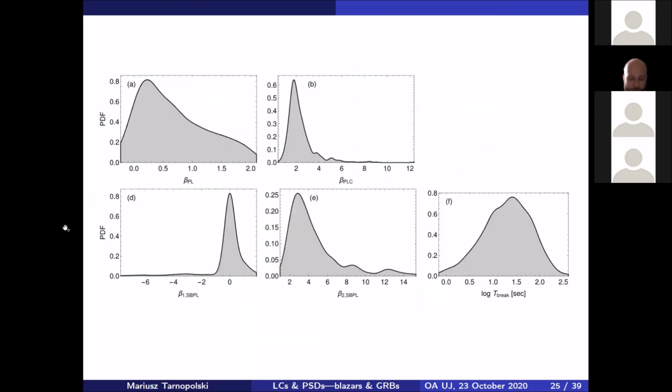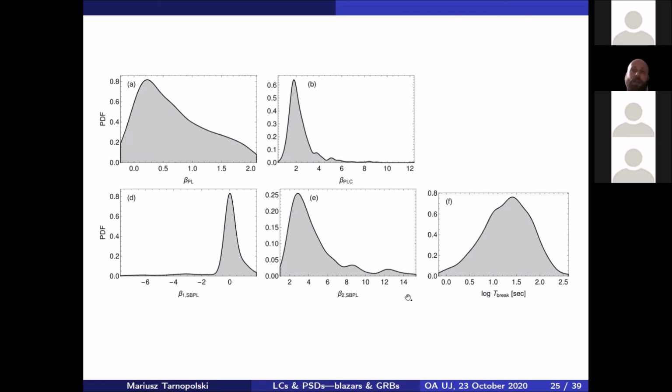So some descriptive statistics: the power law betas extend to about 2. When Poisson noise is introduced, this is between 1 and 3 mostly, with a tail. And the smoothly broken power laws can be as steep as 6, with some heavier tail.